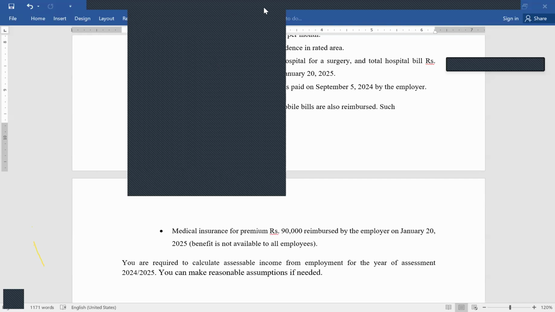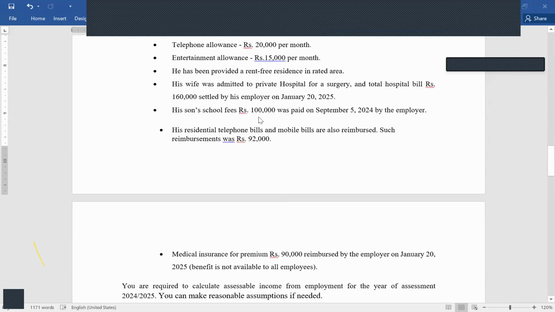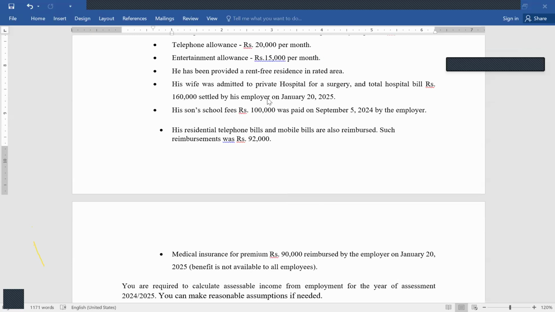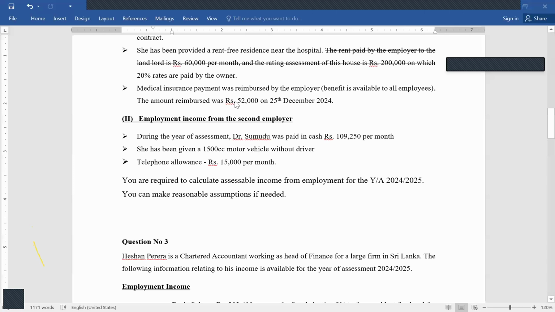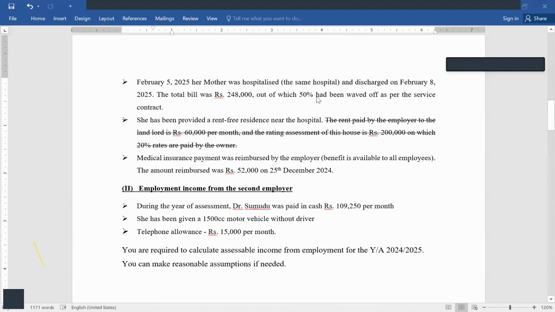Hospital fee, fully or 50%? Here the total bill is settled by the employer. So for the total amount, 100% should be a liable income. In the previous one, 50% was waived off.